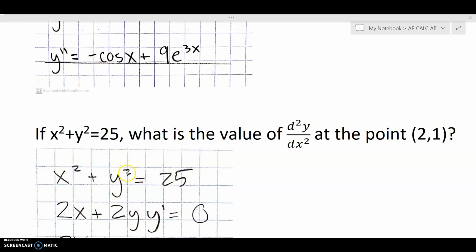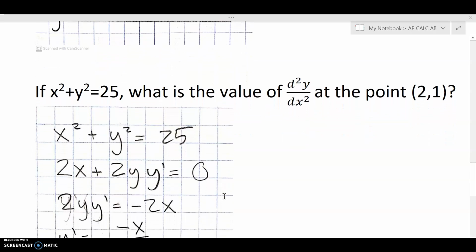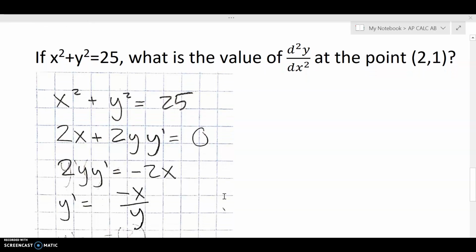So this is not simplified yet, so we have to simplify it in terms of y. So once you do some simplifying, you should find that y prime is equal to negative x over y. Okay, so we found our first derivative. Now we need to go about finding our second derivative, which is just the derivative of this.